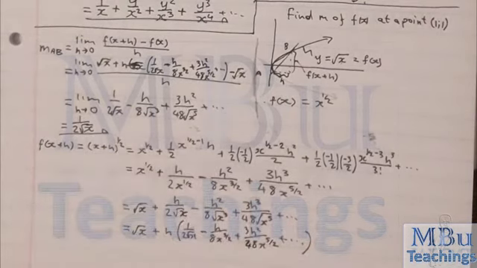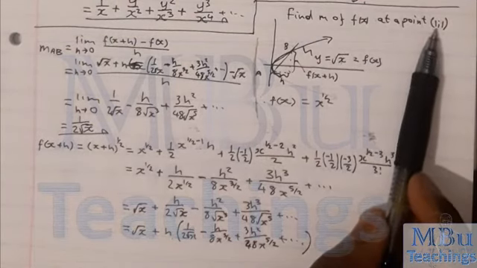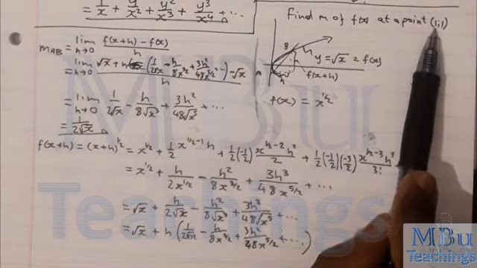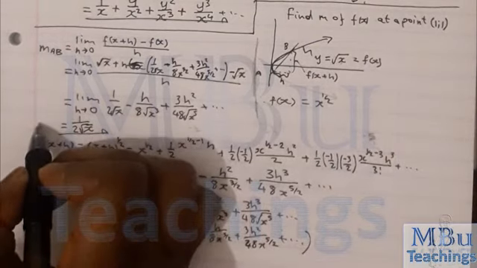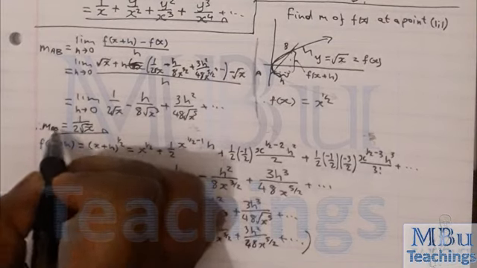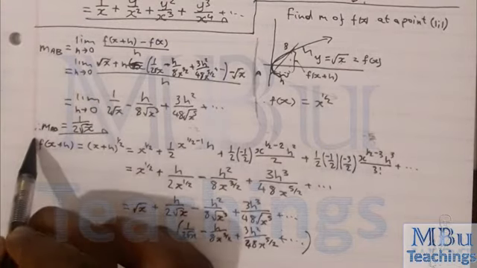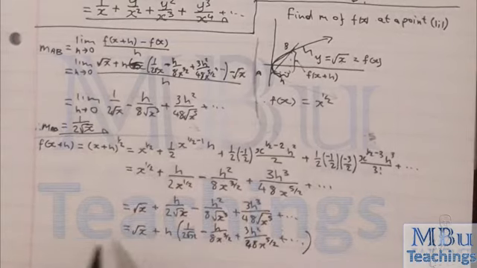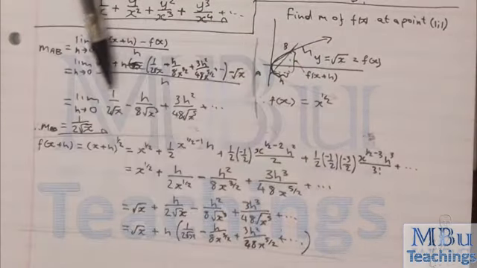This is your answer. But the question said that at a certain point where the point is (1, 1), so you can say therefore this is the gradient of A and B. But now we want the gradient at (1, 1). Let's jump this section and write underneath it.